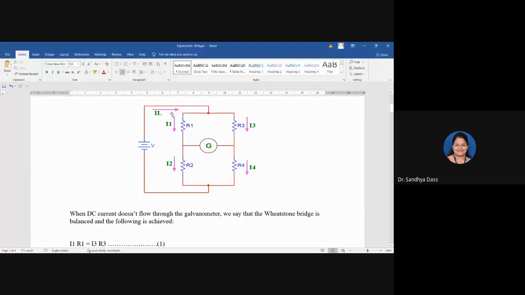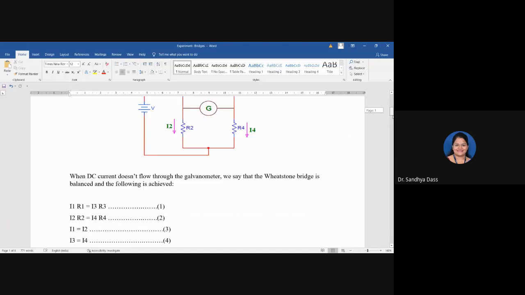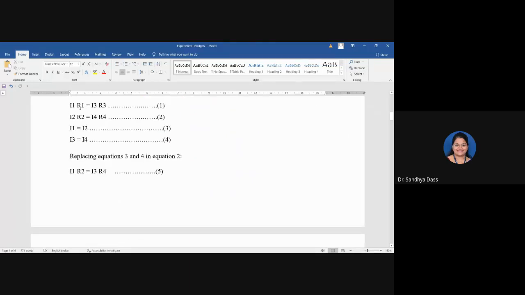Okay, so observe here, when voltage is applied, the current at this point will get split, right? I1 will be equal to I3. I1 and I2 are the same current flowing in this path, and I3 and I4 are the same current flowing in this path. So using that condition, we have these equations. I1 R1 is equal to I3 R3.